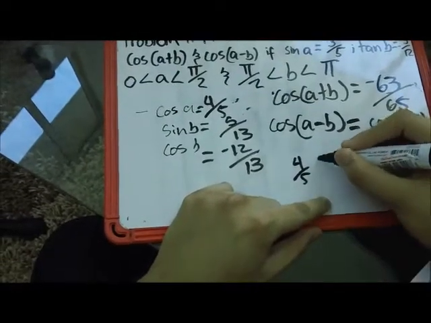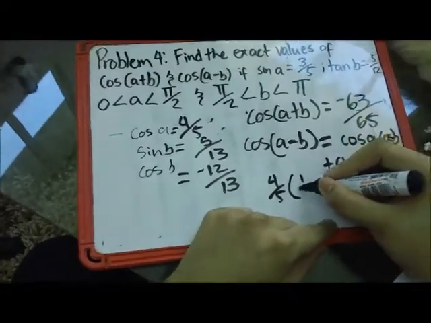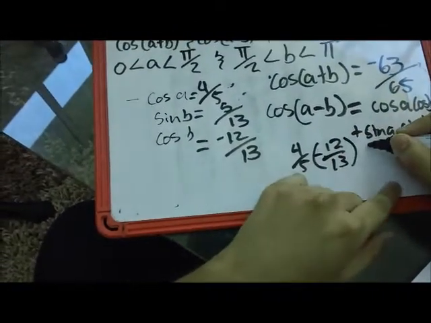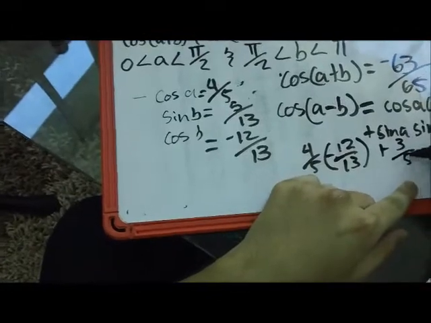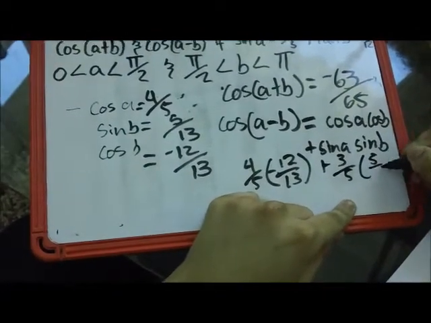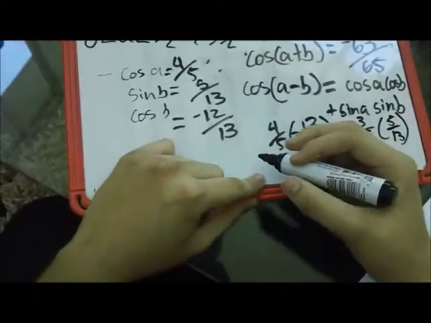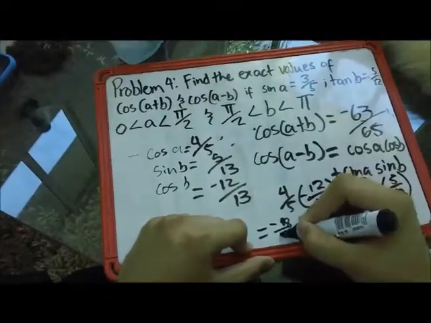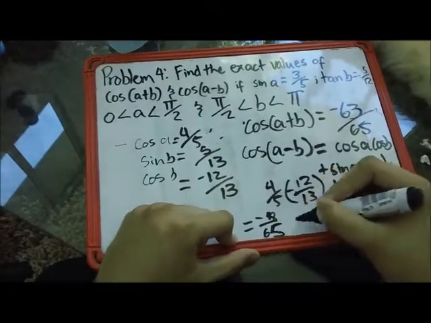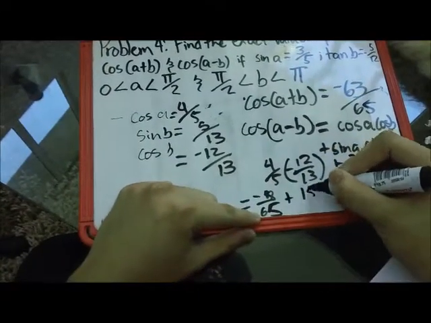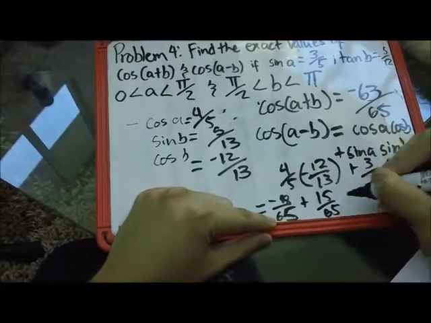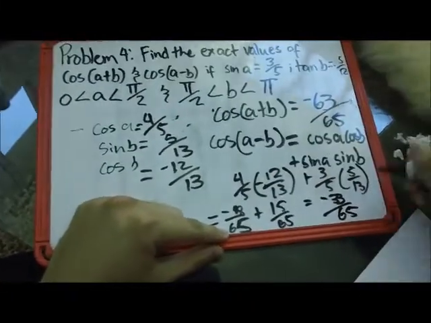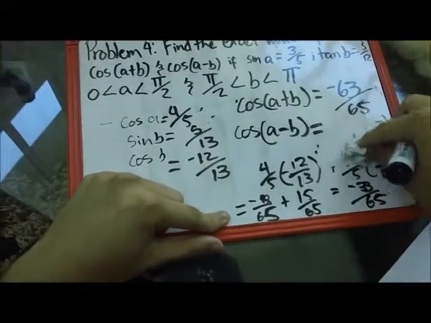It's gonna be 4 over 5 times negative 12 over 13 plus 3 over 5 multiplied by 5 over 13, which is negative 48 over 65 plus 15 over 65, which is negative 33 over 65.